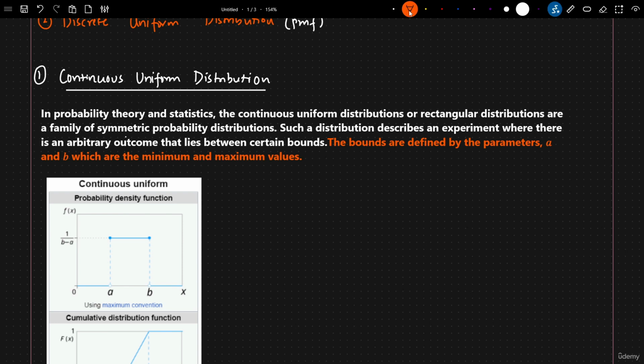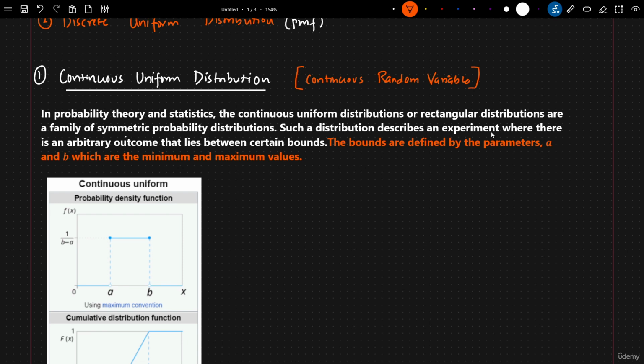First of all, we'll go ahead with the definition. As I have already told you, the continuous uniform distribution is a distribution for a continuous random variable. In probability theory and statistics, the continuous uniform distribution, also called the rectangular distribution, is a family of symmetrical probability distributions.